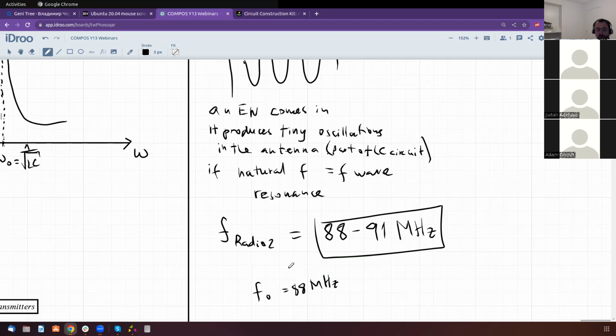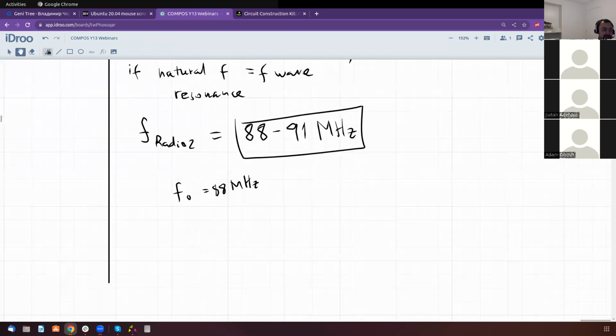That means if your radio receiver, the capacitor and the inductor, exactly match this, so 1 over 2 pi square root LC, if the frequency is that, then the tiny oscillations produced by the radio wave will cause a big current in the circuitry. Does that make sense?